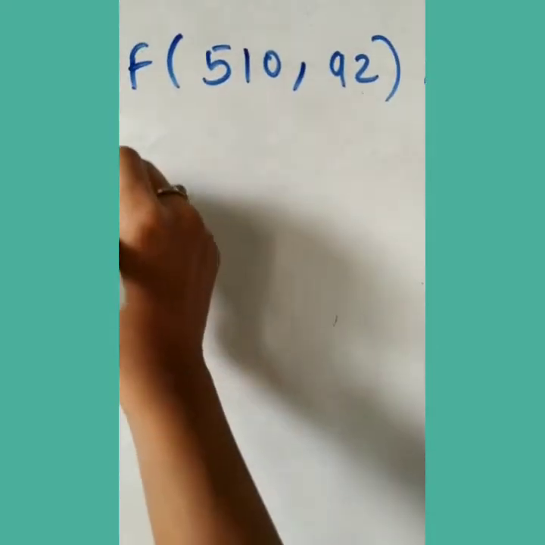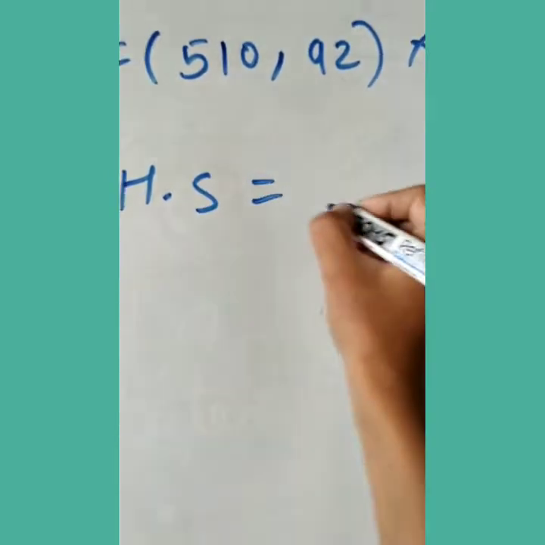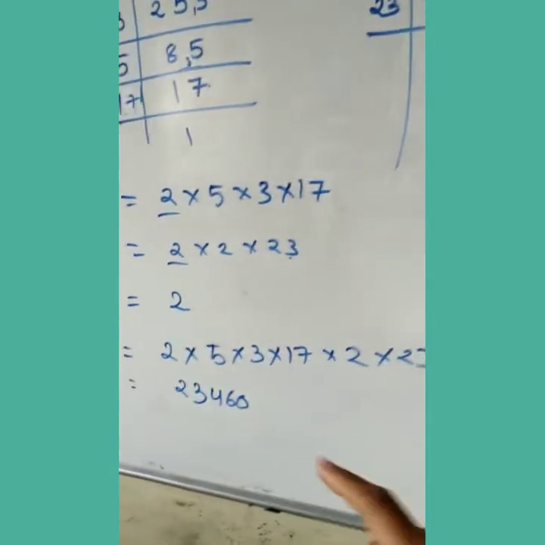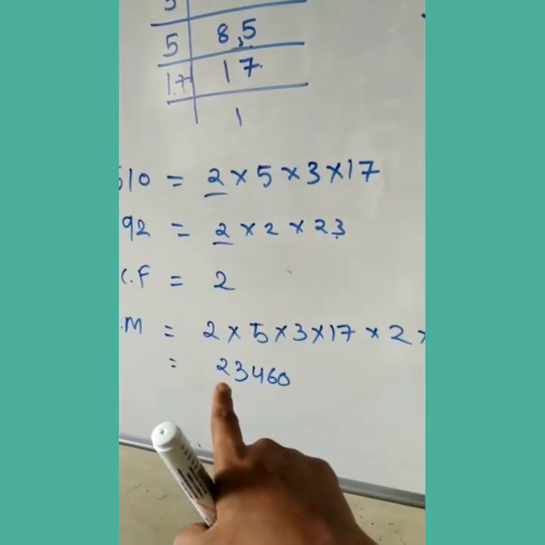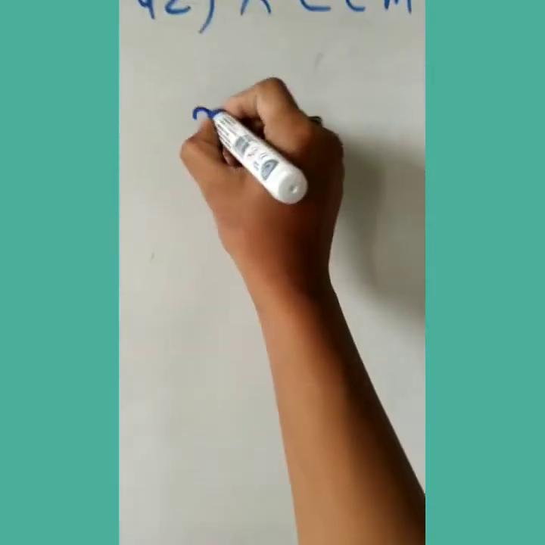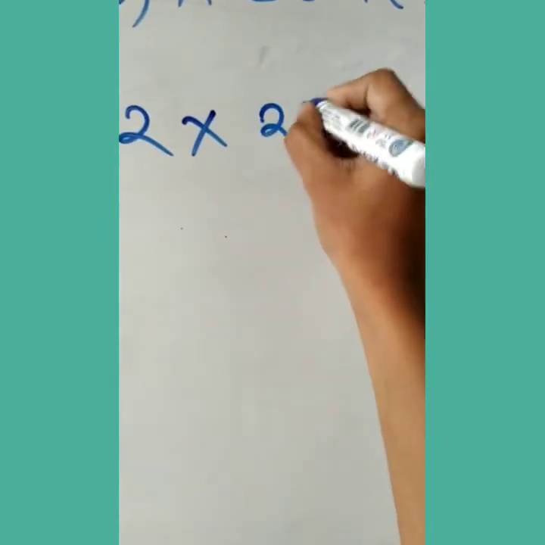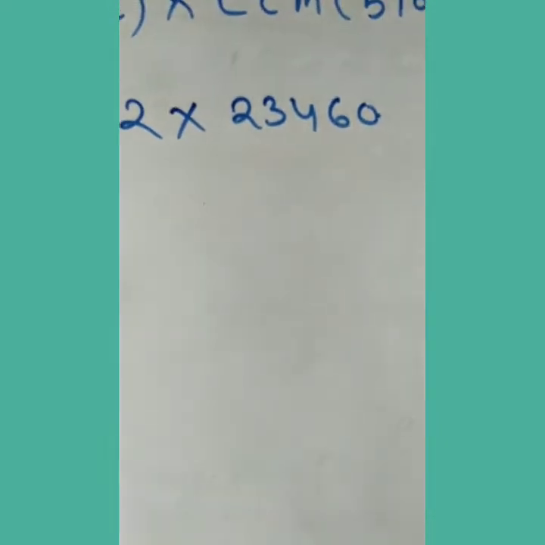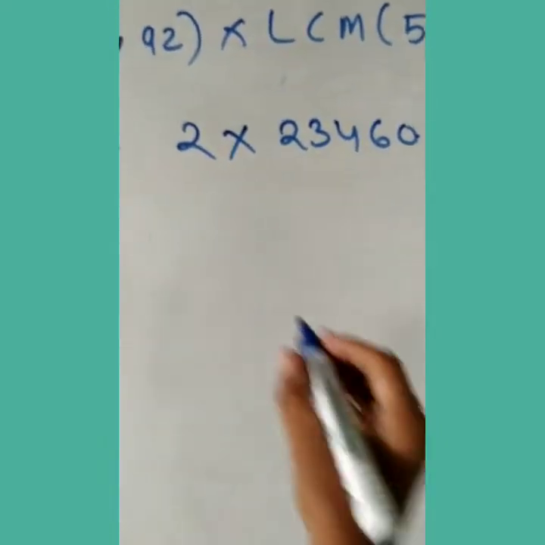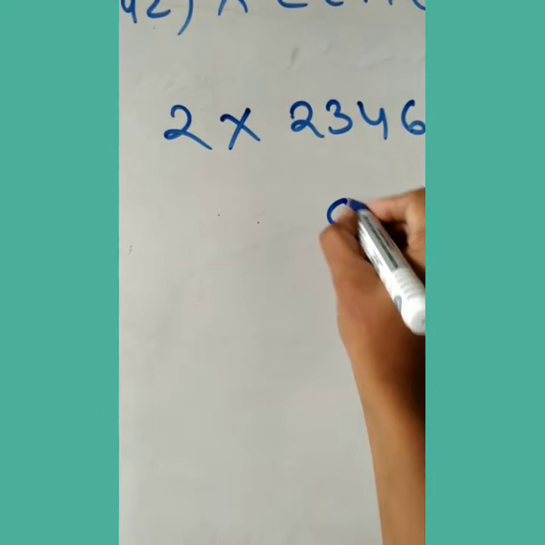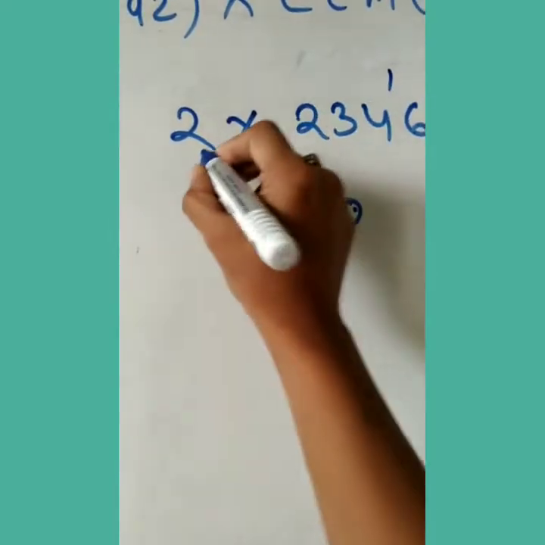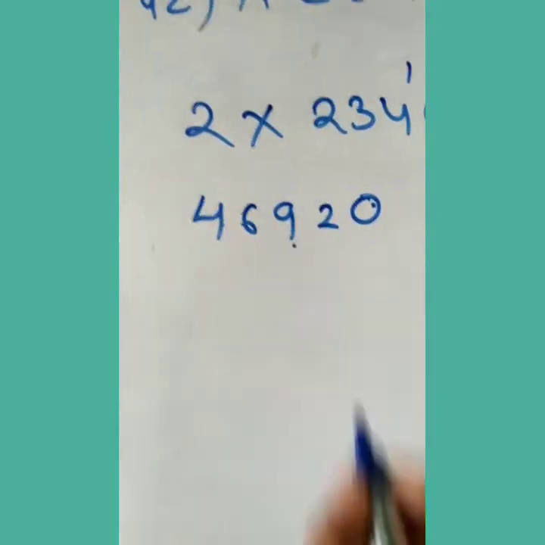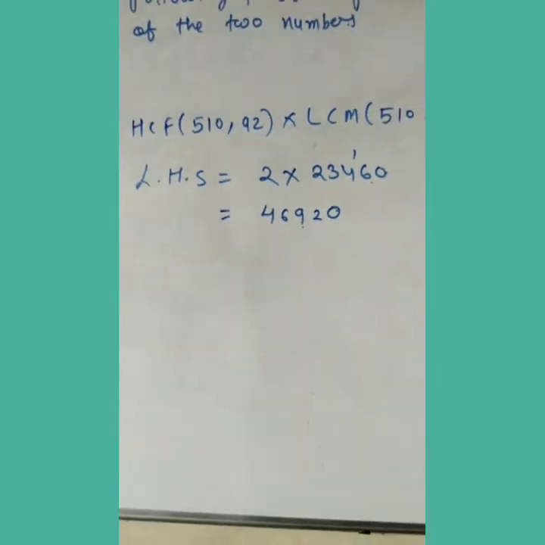First we will begin with the left hand side. HCF of that particular number we got as 2 and LCM we got as 23,460. So we will write 2 into 23,460, when we are multiplying these two numbers. So our LHS is this.